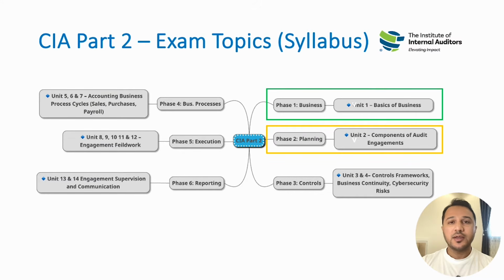Then next is about how we execute our internal audit engagement. And the last phase is about reporting. Within those 6 phases, we will be covering around 14 units or 14 chapters according to the relevance to each phase.